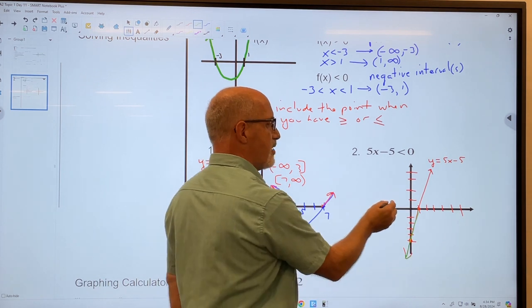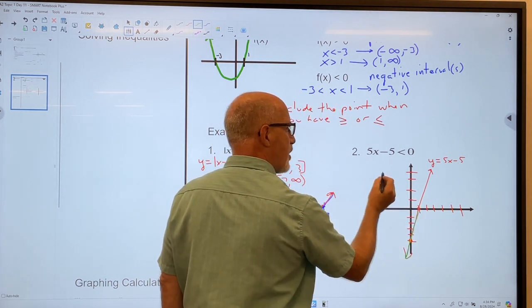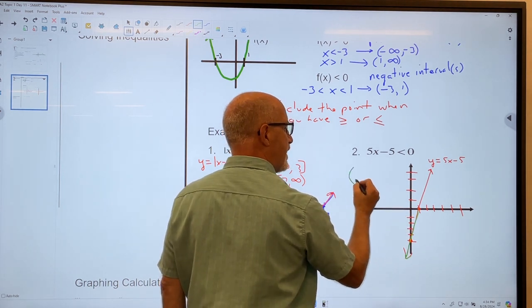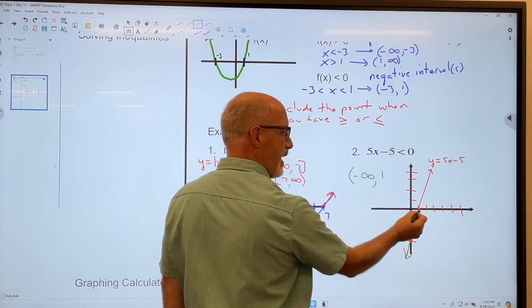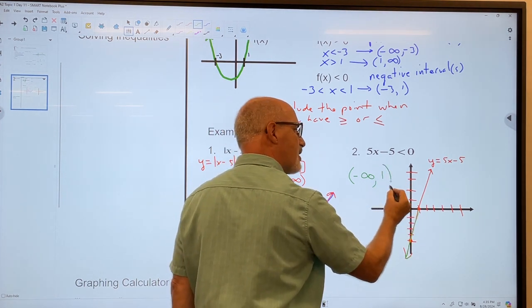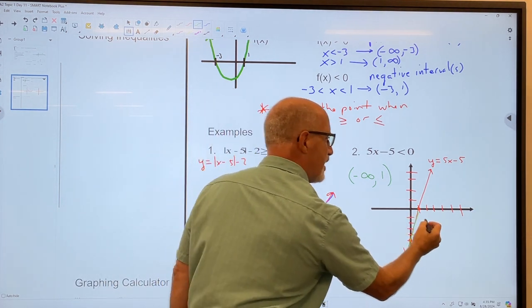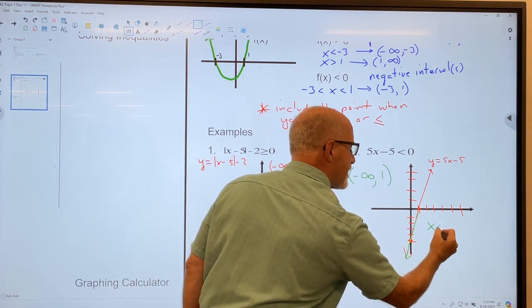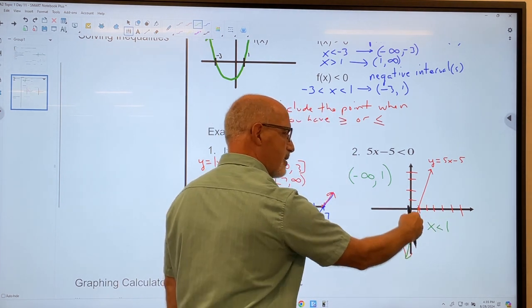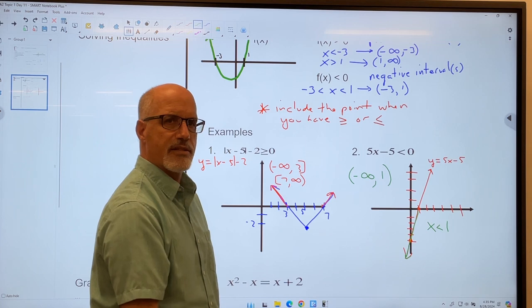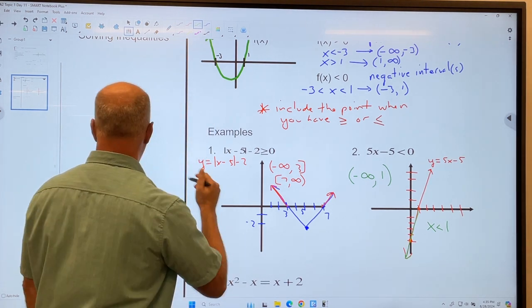That interval goes from -infinity to +1 for an x value, and it doesn't include it because the inequality doesn't include it either. So this inequality would be x is less than 1, because those are the x values where this is below the axis. Okay, so we've solved those inequalities.